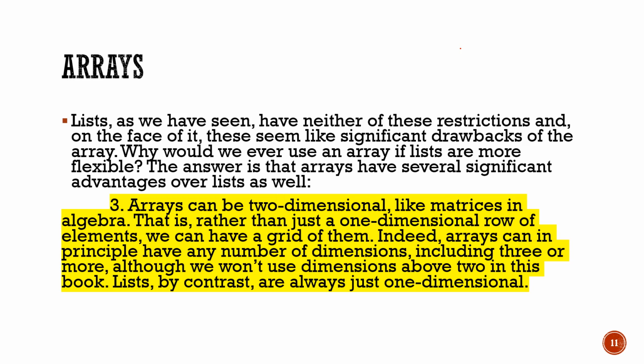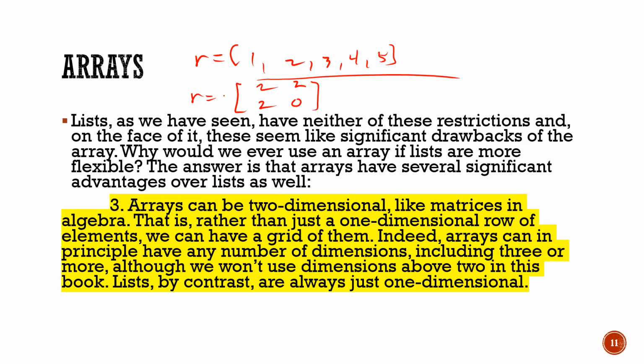Because arrays can be two-dimensional, like matrices in linear algebra. They can be two-dimensional or three-dimensional. Say, vectors in three dimensions can be written as arrays. Unlike a list, which is just one-dimensional, say r equals 1, 2, 3, 4, 5, a list of numbers like that. You cannot use a list as a matrix like 1, 2, 3, 2, 2, 2, 0.